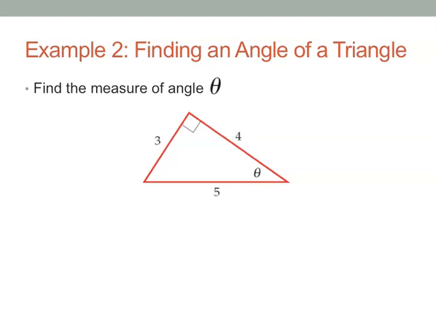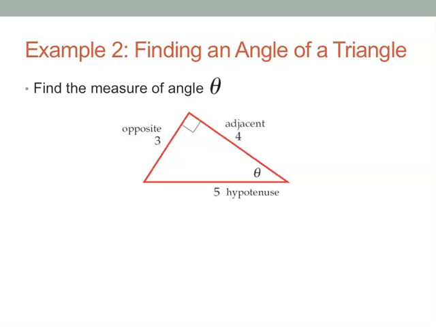Let's go ahead and label all the sides in relation to angle theta. So we have the hypotenuse, which is across from the right angle, and then across from theta is 3, so that's opposite, and adjacent, or next to it, the one that's not the hypotenuse, is the adjacent side, 4.